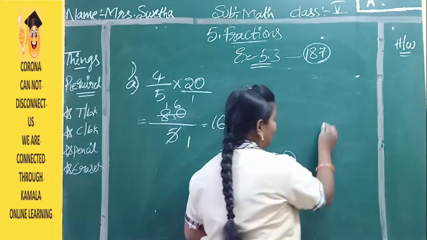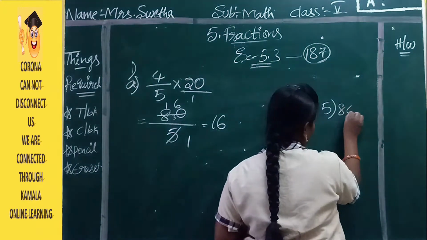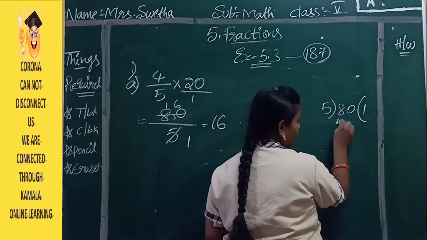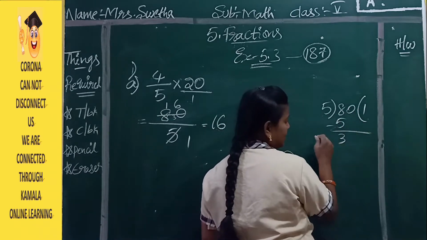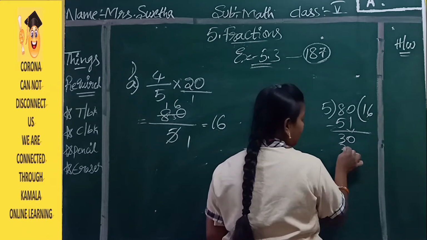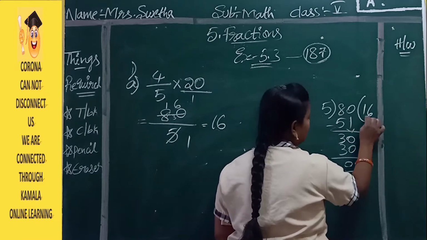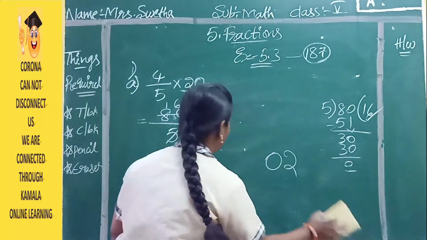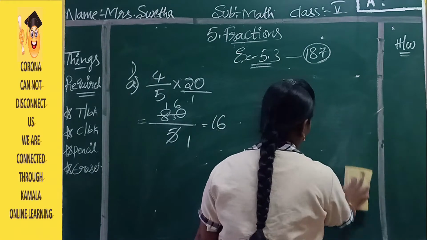So 80 by 5, we will just divide it and check. You can check it in the rough column also like division. 5 and 5 you have here, minus, 8 minus 5 is 3, drop 0, 5 6s are 30. Okay, so like this also you can do. So you got 16. You can check in the cancellation form or in the division form also.